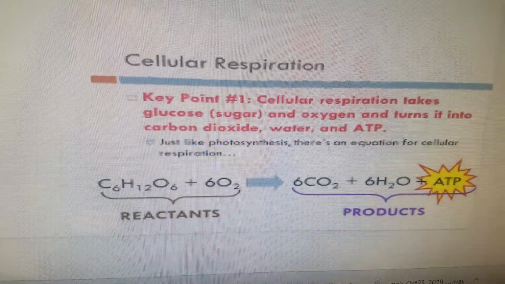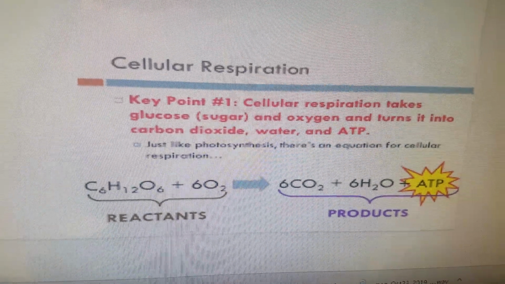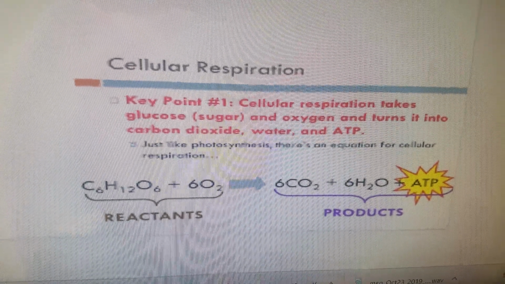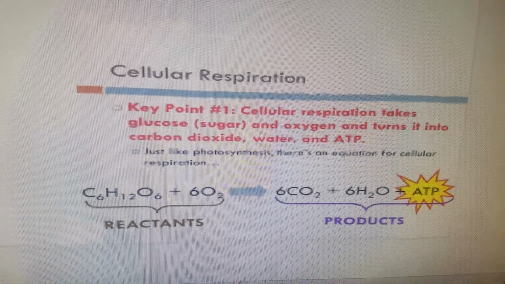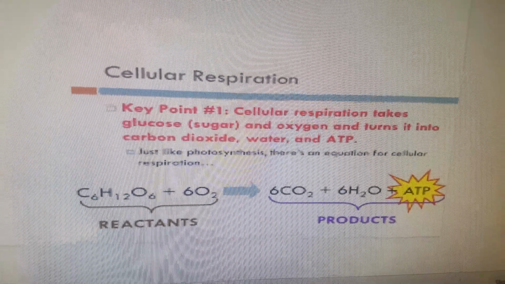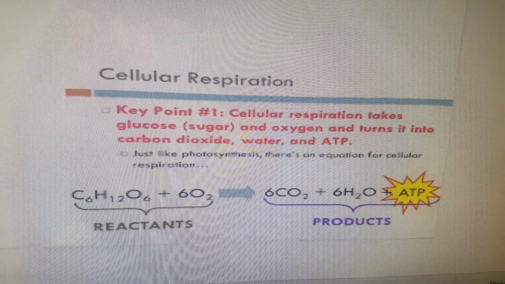Okay, so this is the equation for cellular respiration. It basically includes glucose and oxygen.